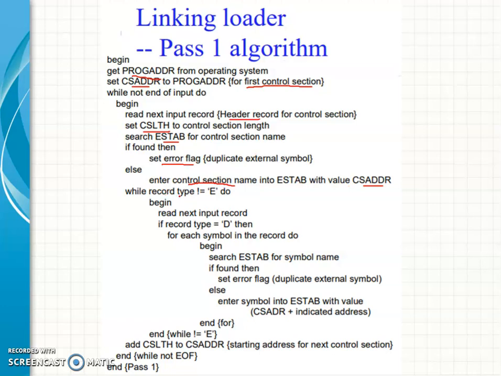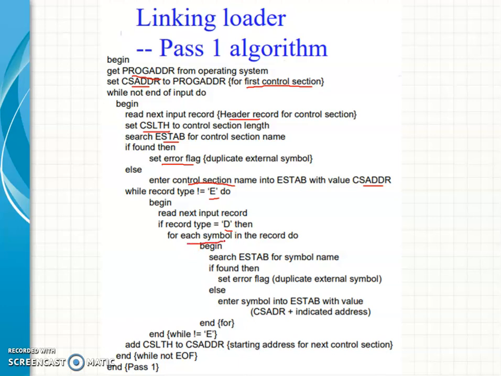Then if the record type is not equal to E, it checks whether it is D. So in this algorithm, it will be checking the header record and the define record. From the header record, it will get the name of the control section and the control section length. And from the define record, it will get the labels or the symbols that are stored.